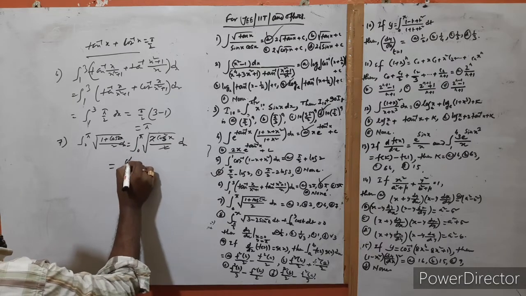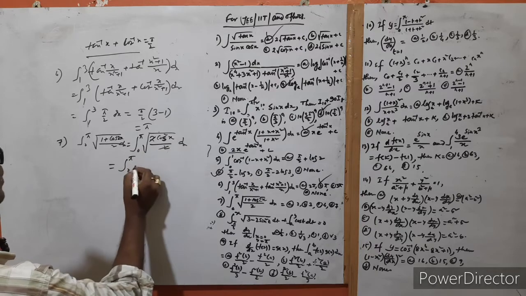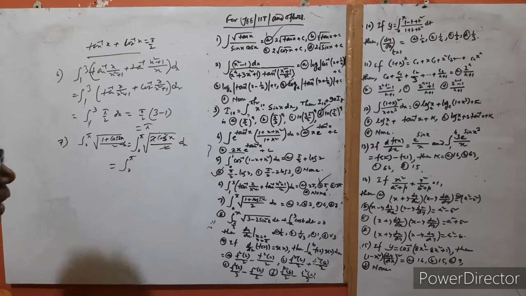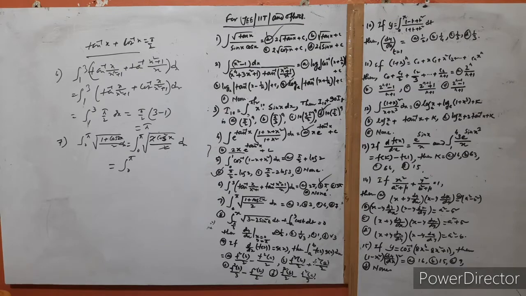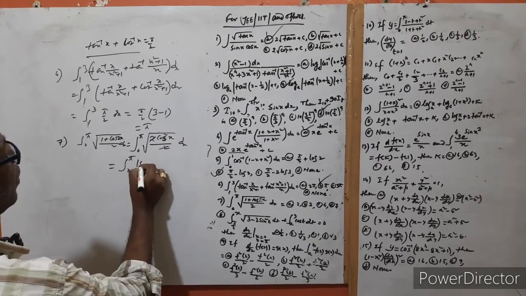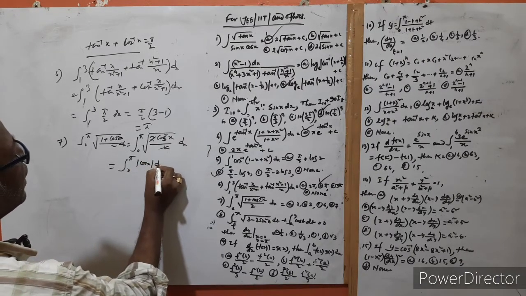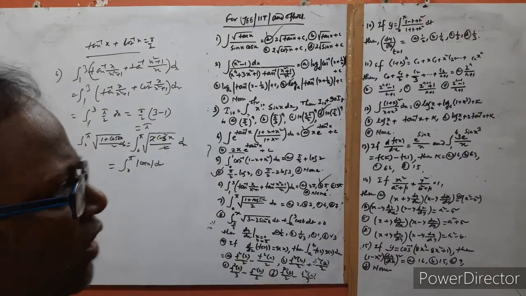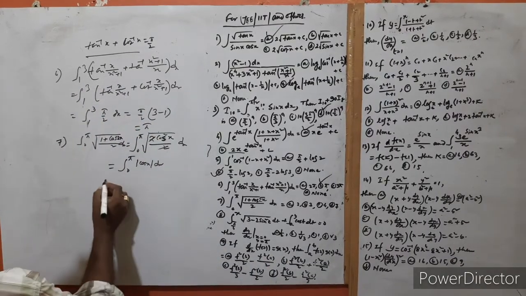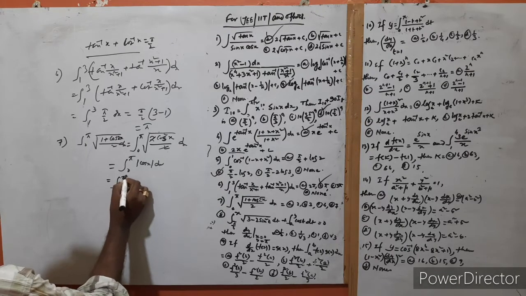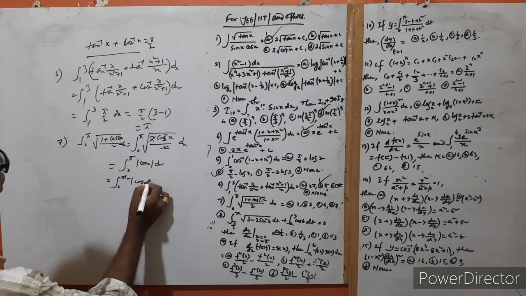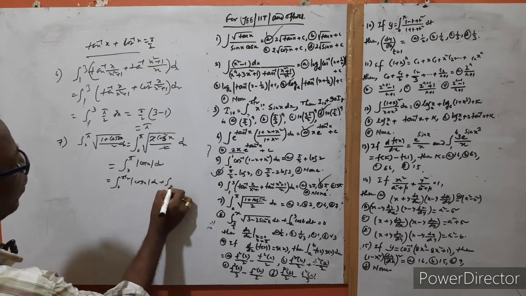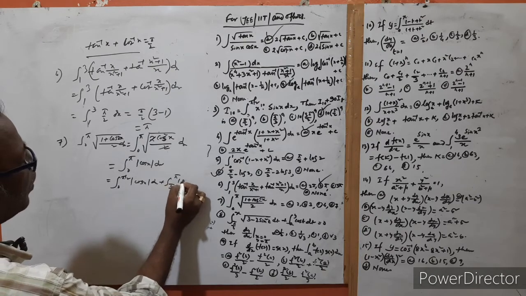So see, 0 to pi, and this is root over of that, so we can't take it like cos x. This is mod of cos x. You need to write mod of cos x here. Most of the students write it like cos x, and this is wrong. So that's why mod cos x. Now see, between 0 to 90 and 90 to pi there are different values of cos x. So that's why I'm doing 0 to pi by 2 mod of cos x dx, and also pi by 2 to pi mod of cos x.